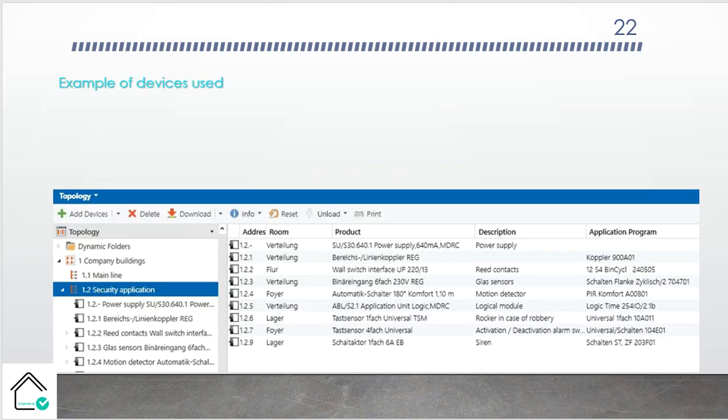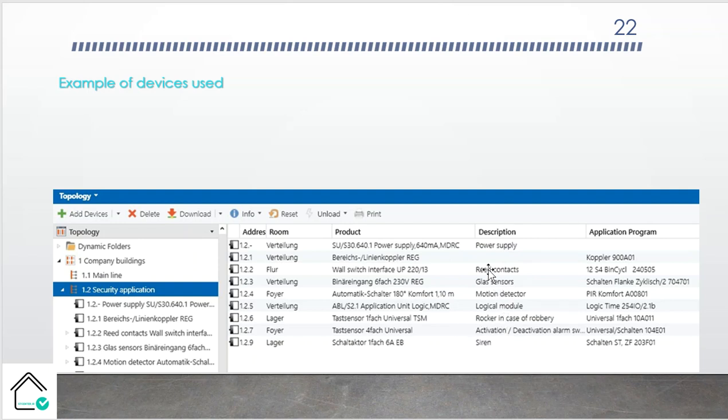So here the book provides us some example of the devices in one line. For example, the power supply unit, the glass sensor, motion detector, logic module, siren. You see activation, deactivation, alarm switch. You see all the security systems or devices related to the security systems based on KNX are installed in one line.